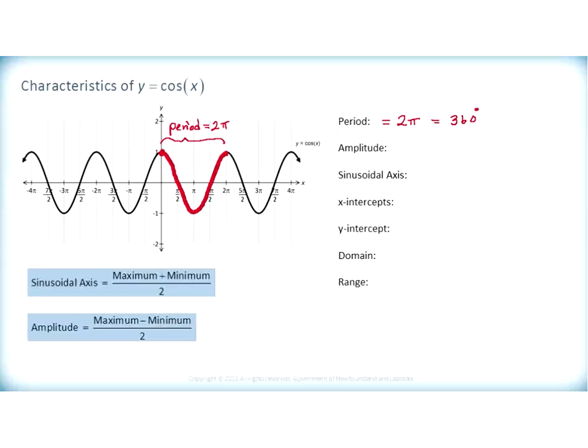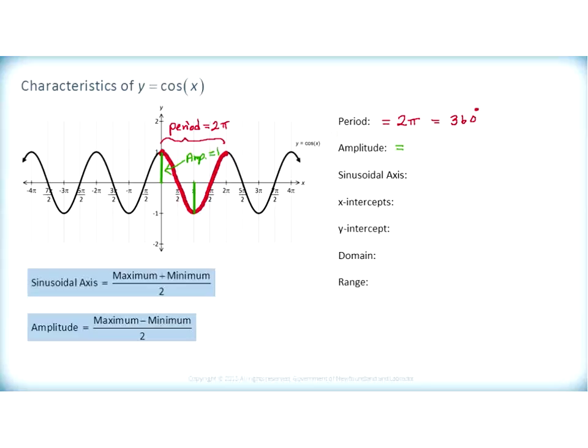The amplitude, again, is still the distance between the sinusoidal axis and a maximum or a minimum point on that graph. So we say here that the amplitude of this function is still equal to 1. Amplitude refers to distance, so it will always be positive.